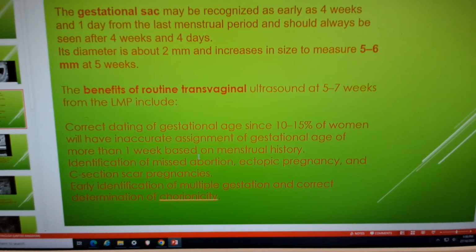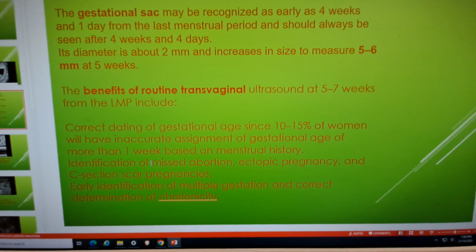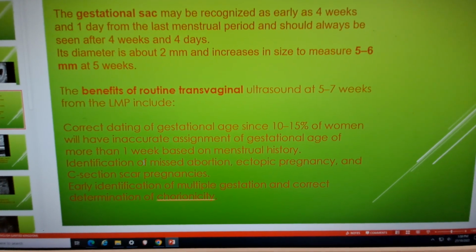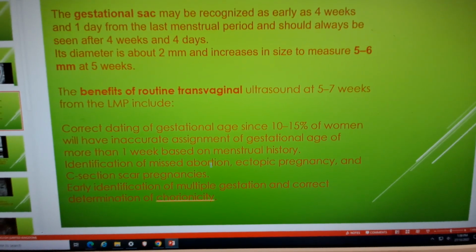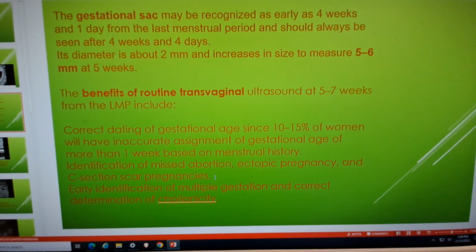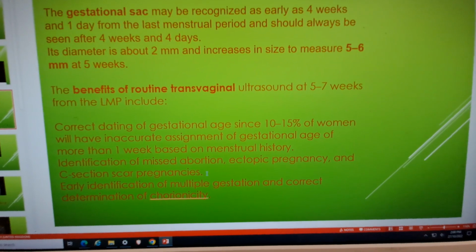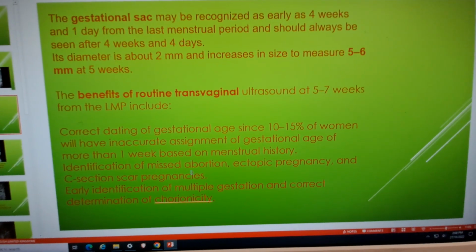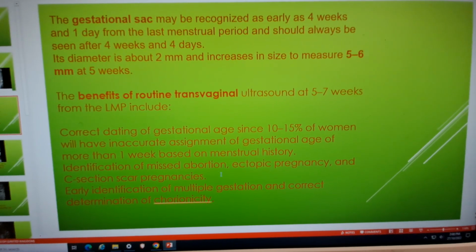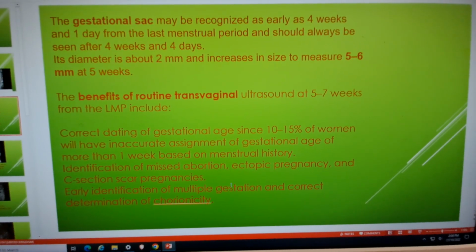Sometimes the gestational sac is at abnormal places, like an eccentric pregnancy, or the uterus has some malformation abnormalities like a bicornuate uterus or septated uterus, which we will discuss in the next topic, which is very important for ectopic pregnancies.